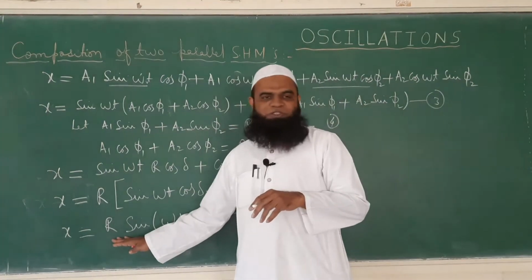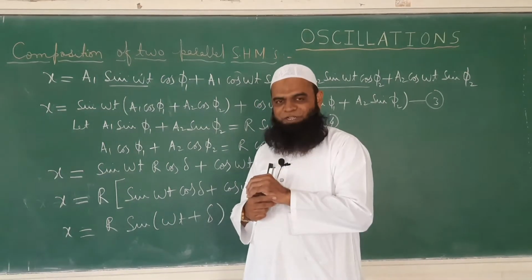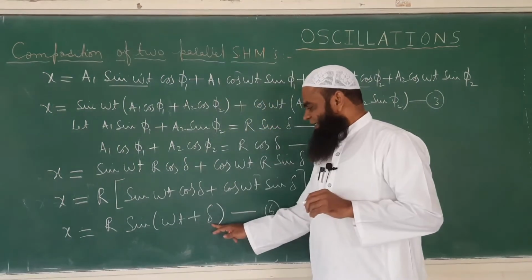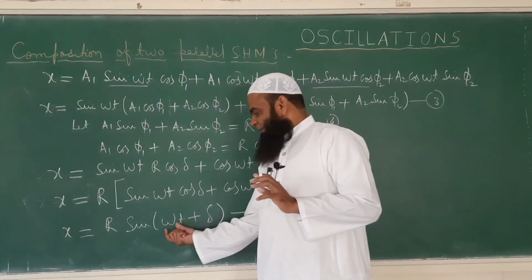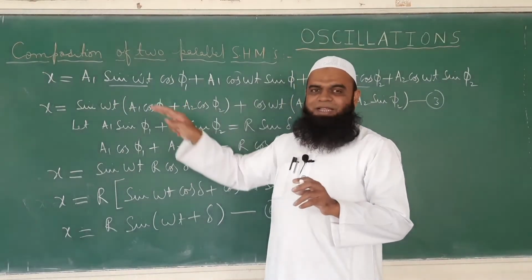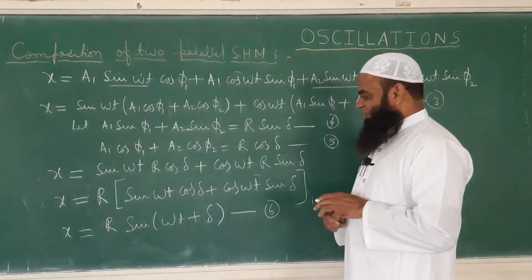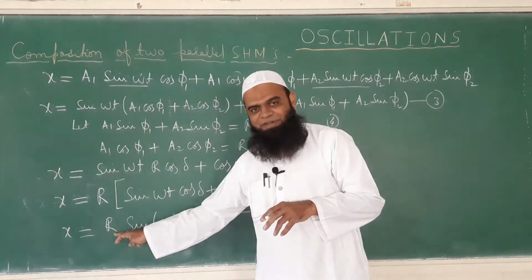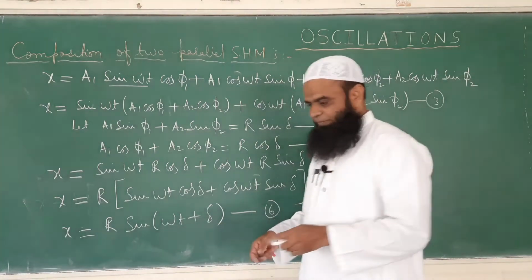This shows that the resultant displacement is also a simple harmonic motion, where R is the resultant amplitude and delta is the resultant initial phase, and the two parallel SHMs have the same angular frequency. Now we will try to find the expression for resultant amplitude and the expression for resultant initial phase.